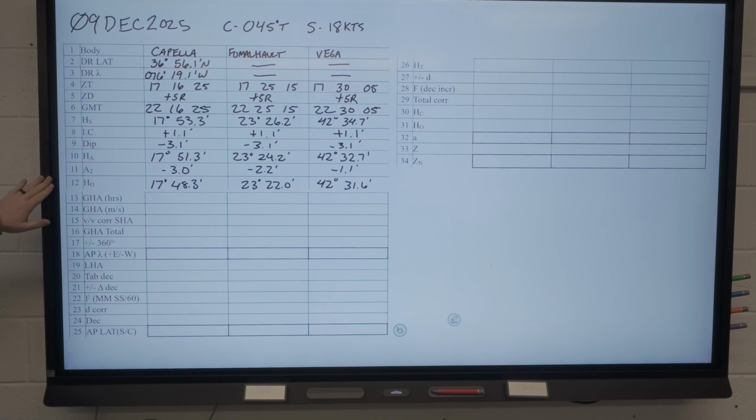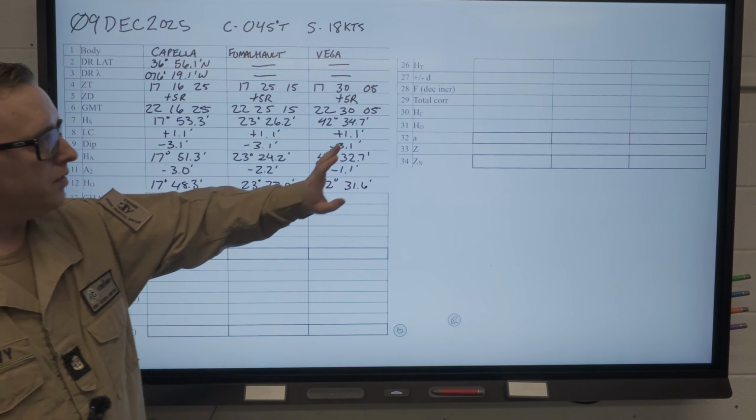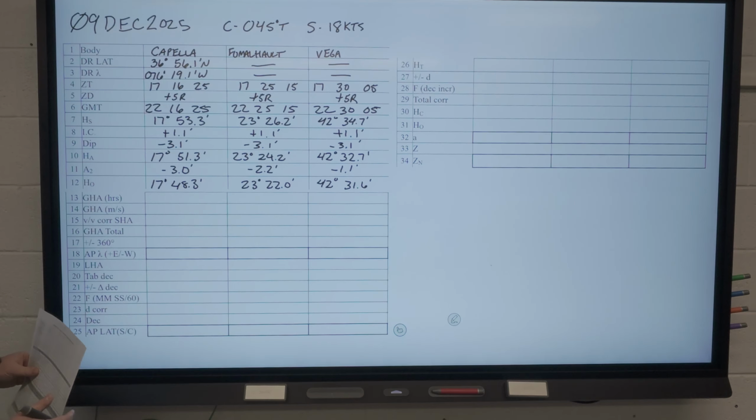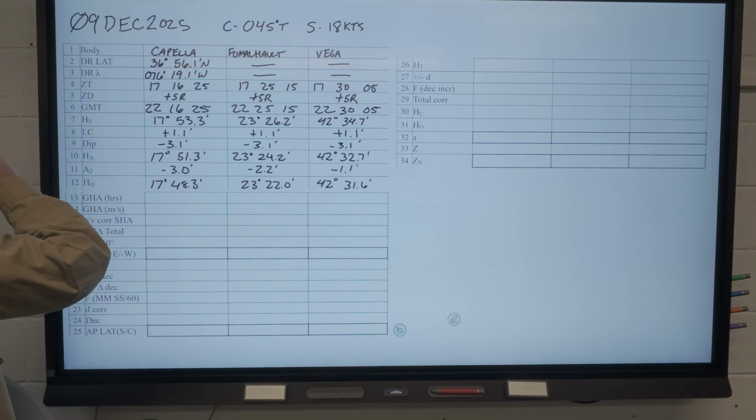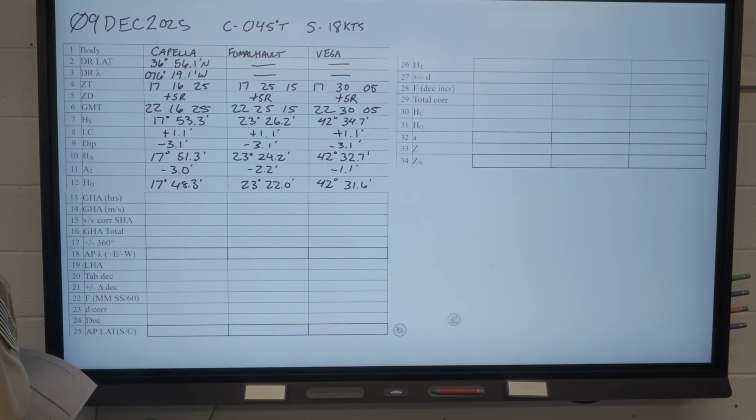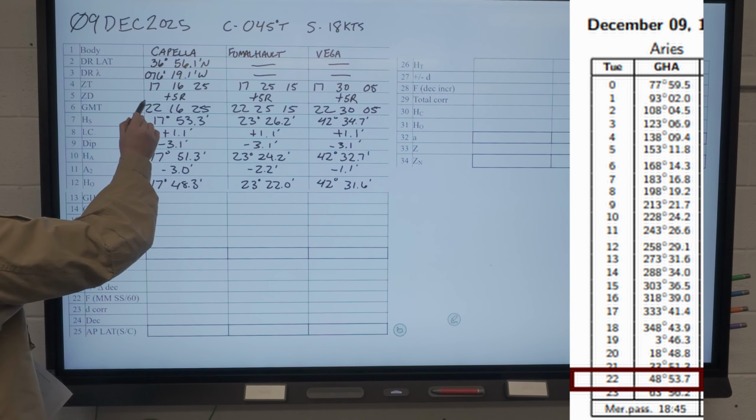So we have HO. Now we have to find our assumed position, assumed latitude, assumed longitude, declination, and so on, to end up over here. So now we'll open up to the day in question, 09 December 2025, and we're going to look for hours.